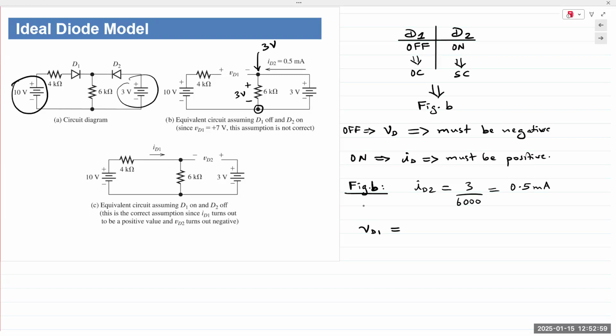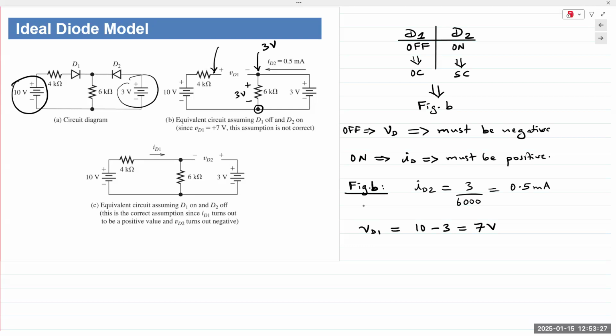And then the anode, what is the value of the anode? 10 volts. It's an open circuit, no current flows. So the voltage at both ends of the resistor is exactly the same. So it's 10 volts. So VD1 is 10 minus 3, which is 7 volts.